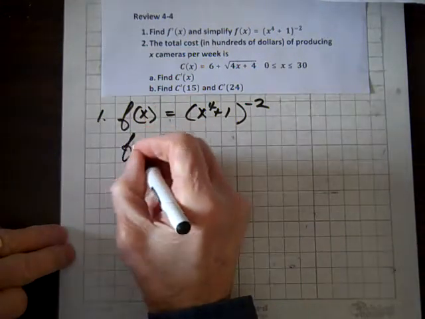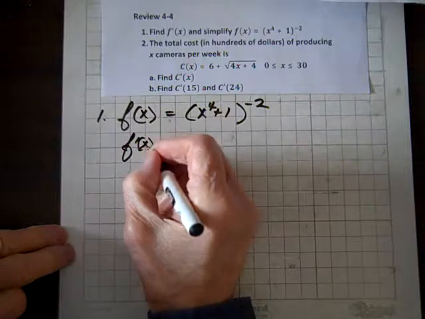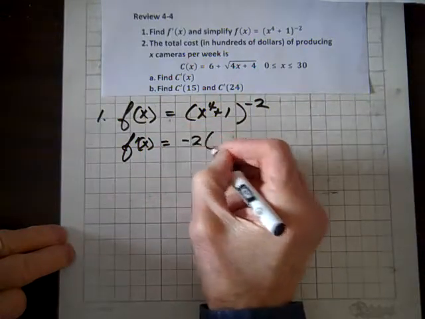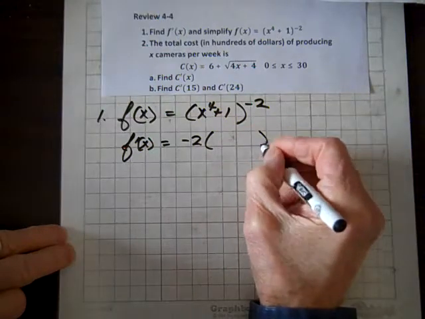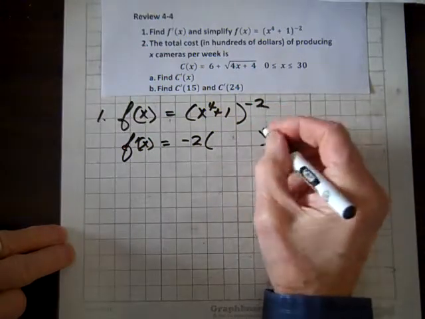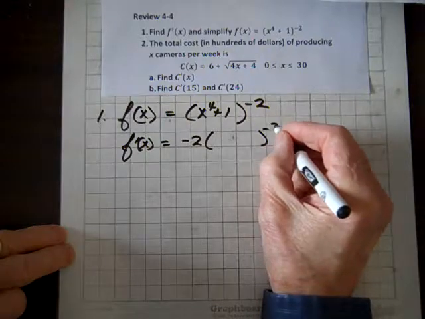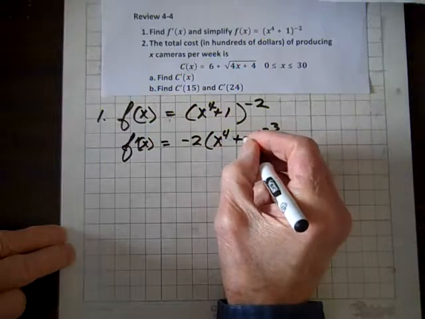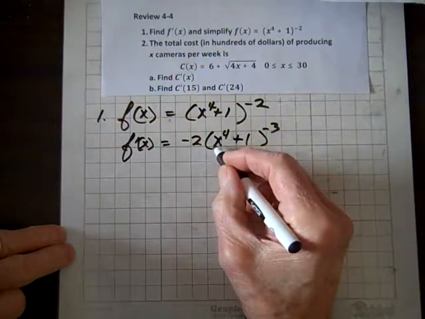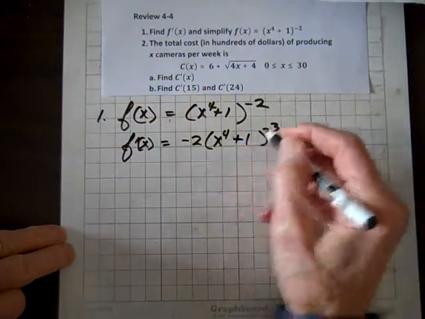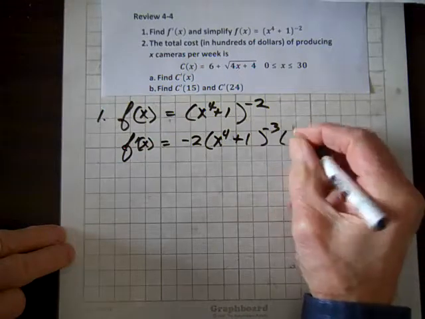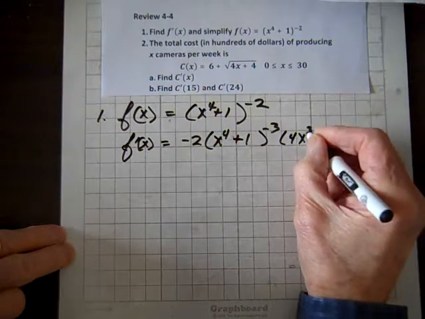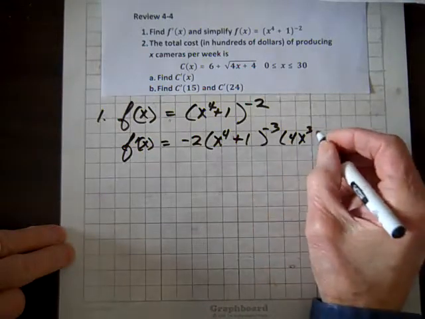So f prime of x equals, and the power rule tells us bring the -2 out front and subtract 1 from -2 and we get a -3, and then inside we have x to the 4th plus 1. Now the chain rule says then go inside here and take the derivative of x to the 4th plus 1, and that'll give us 4x cubed, and the derivative of 1 is 0.